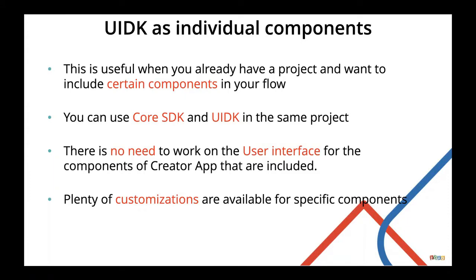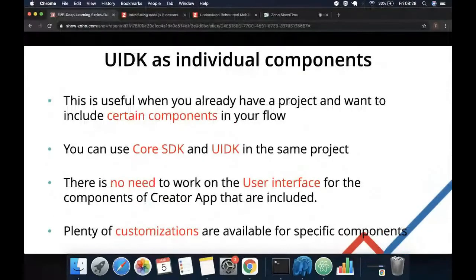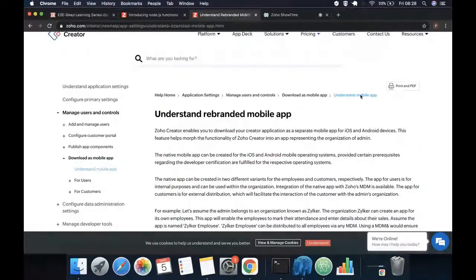When it comes to mobile rebranding, you have a few steps to be followed. You build an app with Creator, and then from the settings you can go and set up the mobile rebranding, where a few steps are to be followed, which you can see here. So this is how it will look.